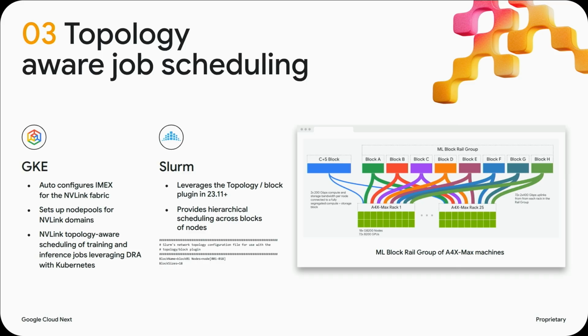And for Slurm users, our integration leverages the block plugin. The version is mentioned there. You can define the block of nodes, like an NVLink-72 domain, in the configuration, and the hierarchy that you need that respects data locality. So this ensures that the communication-intensive parts of the workloads can run with the highest bandwidth domains.